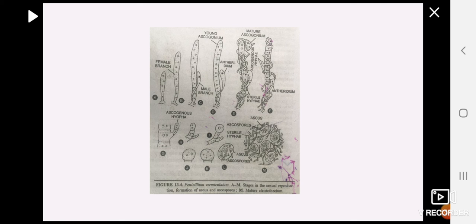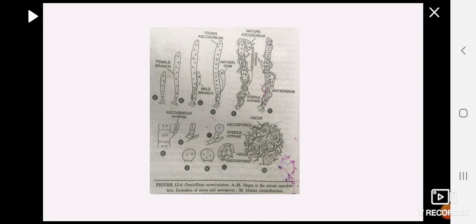Now after this, the sterile hyphae of the mycelium start collecting around the sex organs, and they completely enclose the developing asci and ascospores.